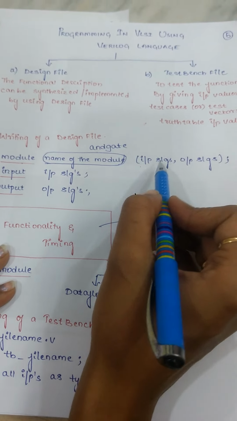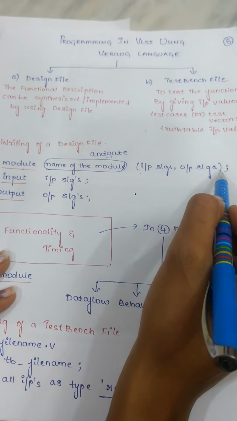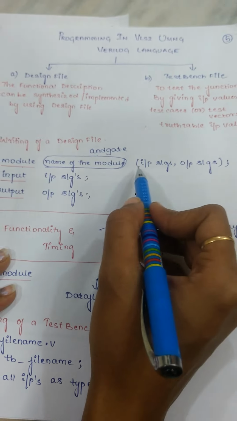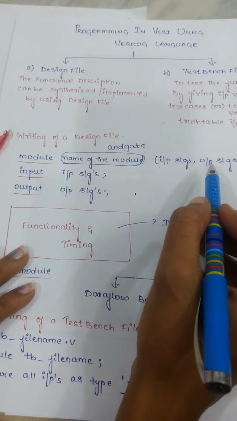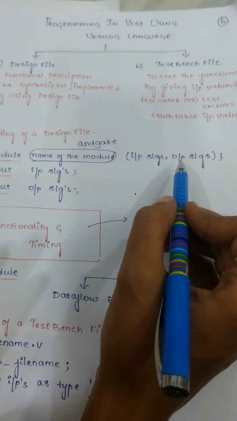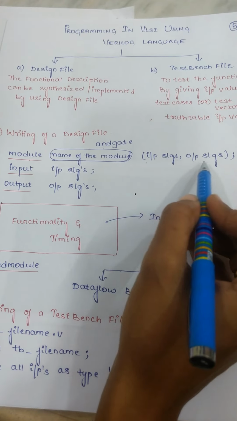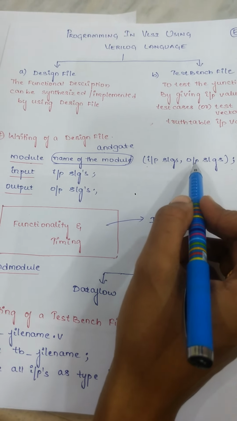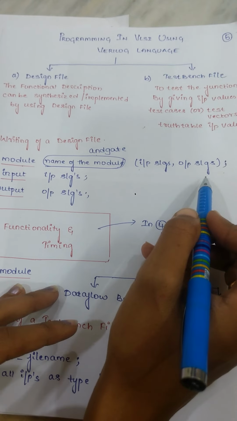Open the bracket, all your input signals followed by the output signals, close the bracket and semicolon. It's nothing but the declaration of all the input signals, output signals, or control signals of your circuit. If you mention all the signals of your circuit here, the system should understand which is an input signal and which is an output signal.